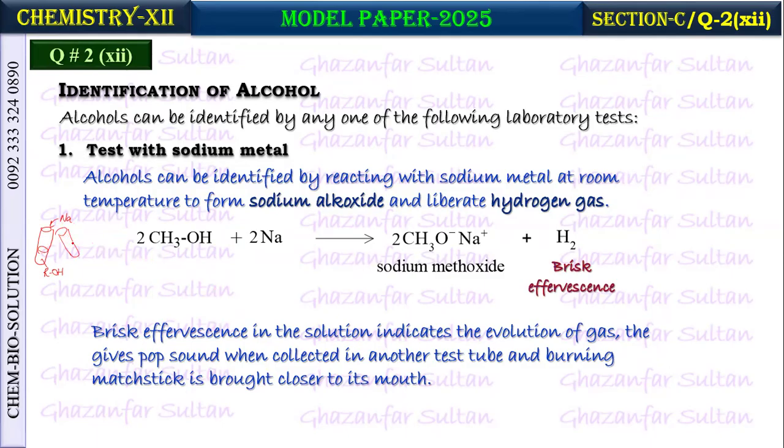So if hydrogen gas is produced, it means this compound would be an alcohol. But remember that a single test is not enough in organic compounds to identify any group or class of organic compound. So we have to perform at least 1 to 2 reactions. So anyway, in this reaction, you can suggest this reaction in the answer.